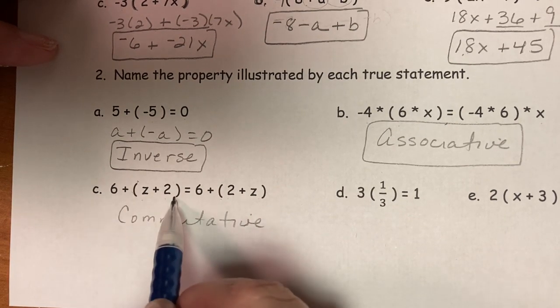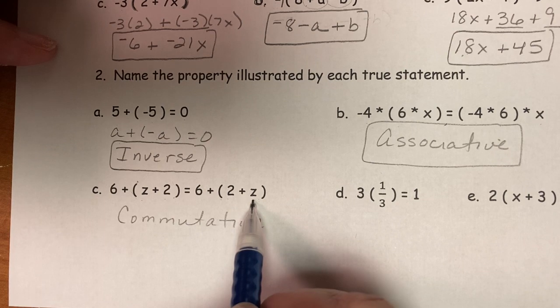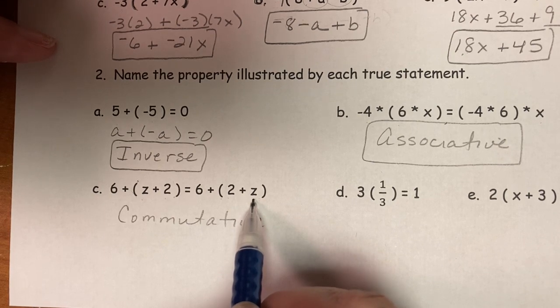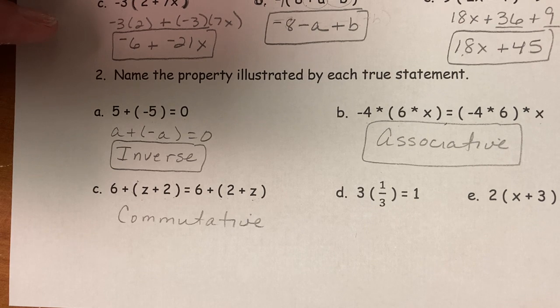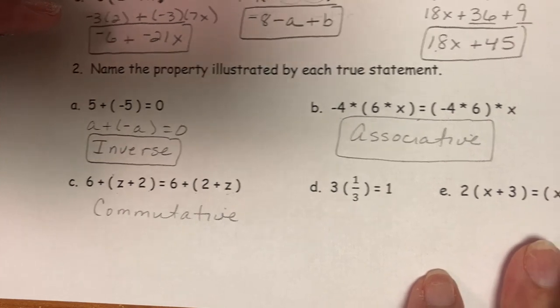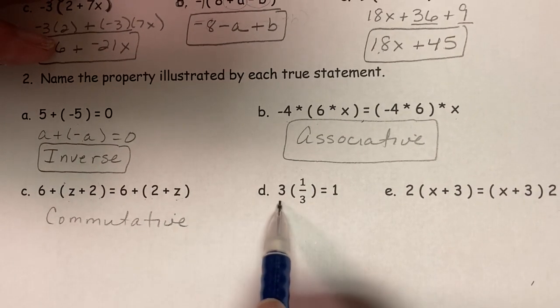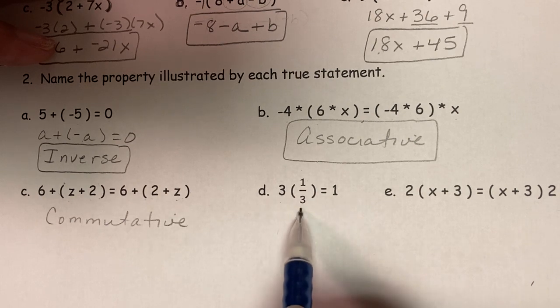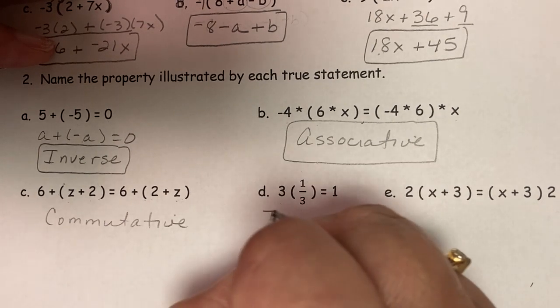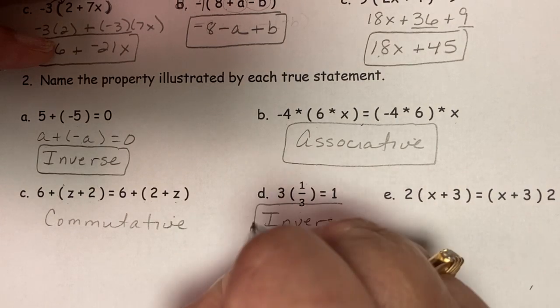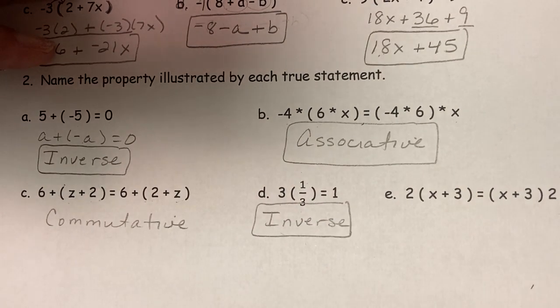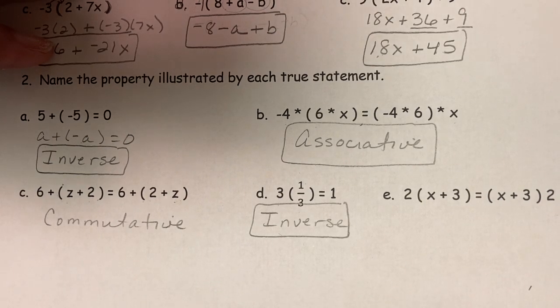There's a Z and a 2 here, and a Z and a 2 there. So it's not associative. They haven't been regrouped. Order has changed. If I look at D, if I multiply 3 by its reciprocal, I'm going to get 1. Hopefully you can see that is, again, inverse, but this time it's multiplication as opposed to addition, which is what it was in 2A.